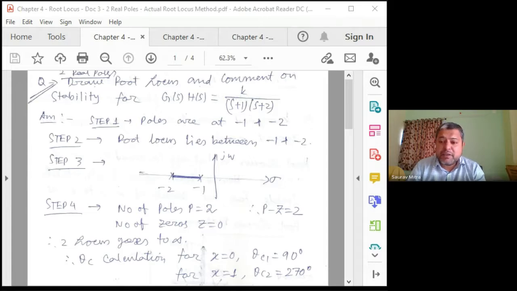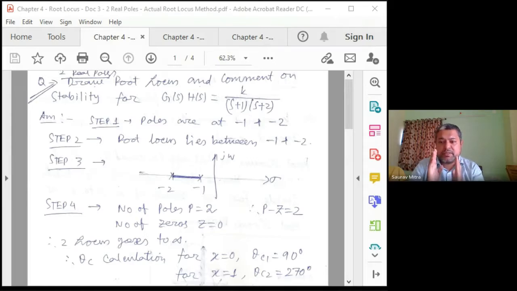If you increase the value of k further, we will see that the poles are not remaining on the real axis, they are jumping onto the jω axis. And as we increase the value of k up to infinity, we find that the poles get shifted on a real value of -2 and they move upward. That means plus minus j2, plus minus j3, plus minus j4, and they go towards infinity, but they move parallel with respect to the jω axis.